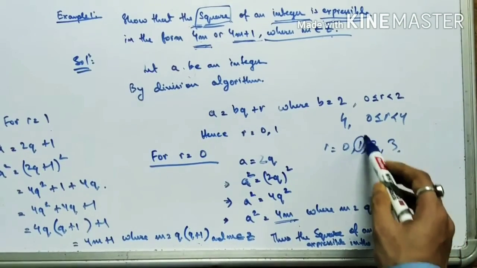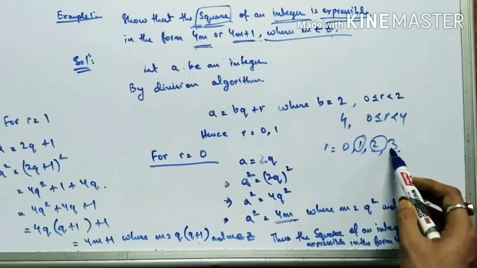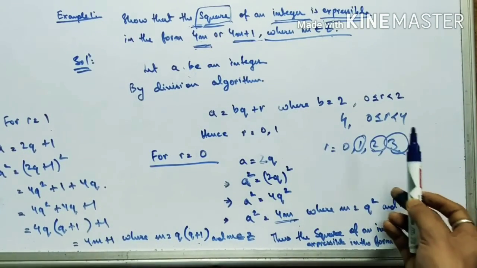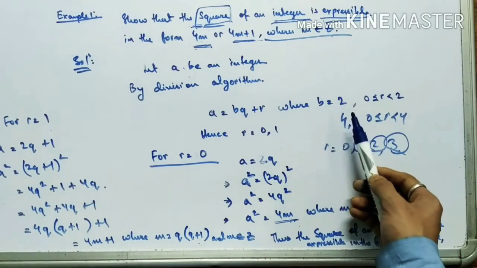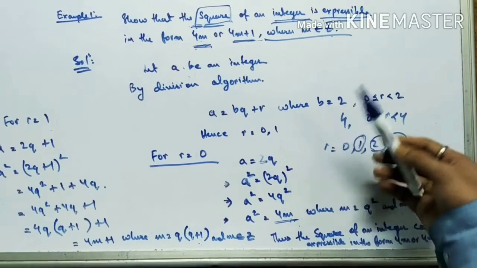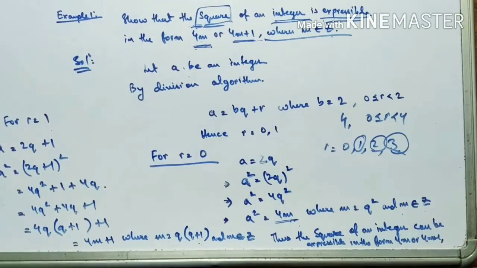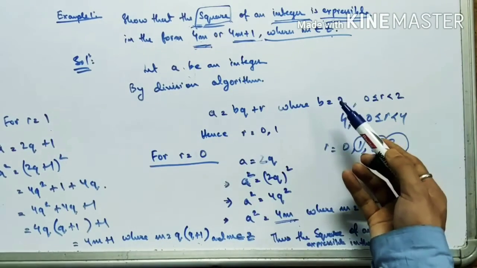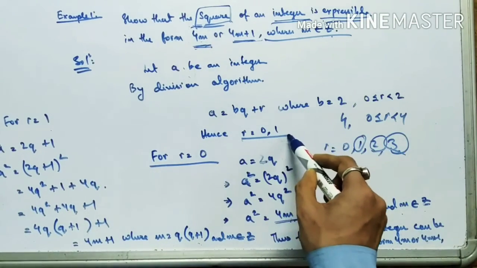After checking for 1, I have to again check for 2, and again for 3 also. Understood? So therefore I have taken the lowest multiple of 4, that is, b value 2. Now if I take b value 2, then the r value will be 0 and 1.